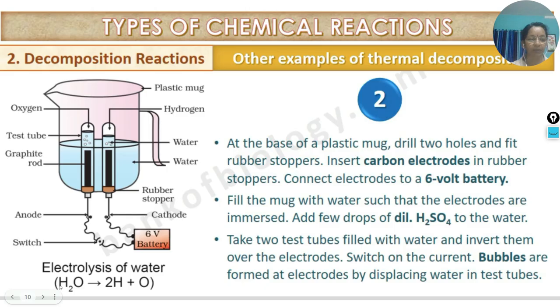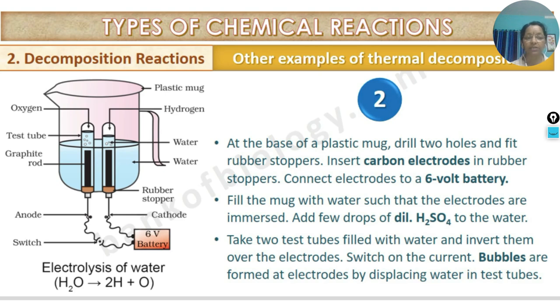It shows very clearly that decomposition of one molecule of water gives two atoms of hydrogen and only one atom of oxygen, which means we are getting double the number of atoms of hydrogen in the decomposition of a single molecule of water. So naturally, the gas collected will be double the amount.